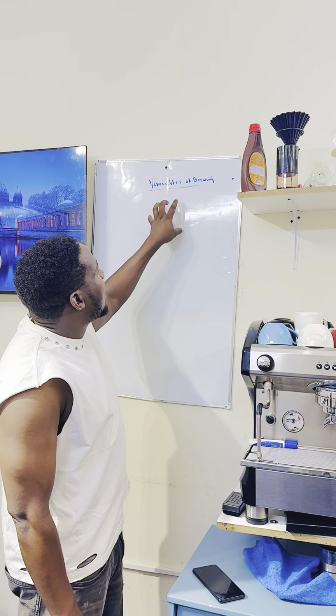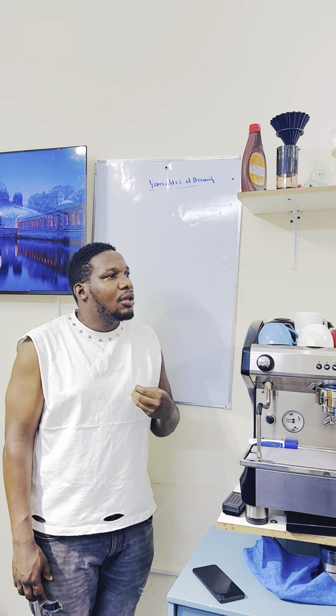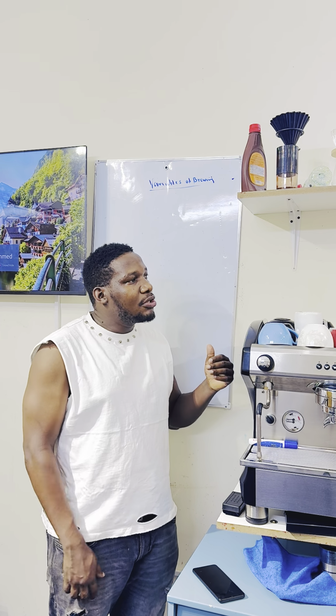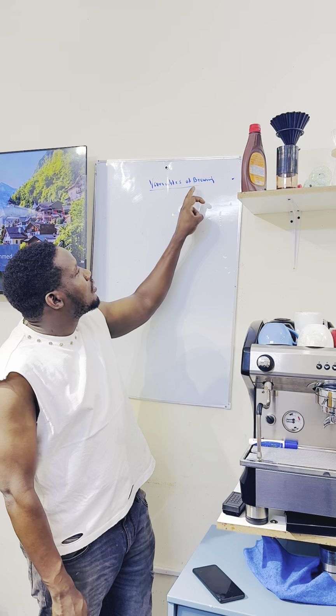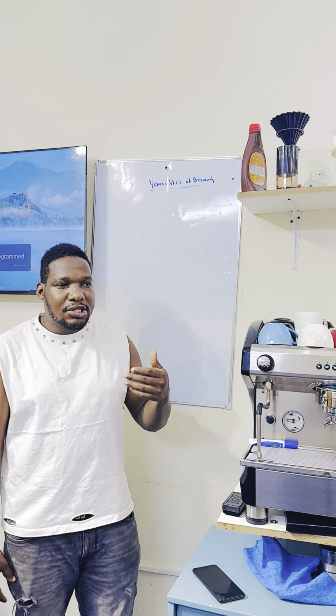After understanding this, you will understand if I happen to touch this variable, how will it affect my extraction? What you call variables of brewing are the very points that will definitely affect extraction.